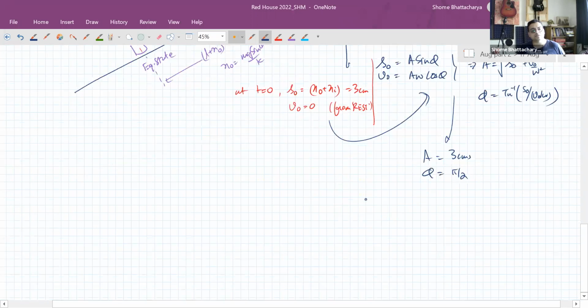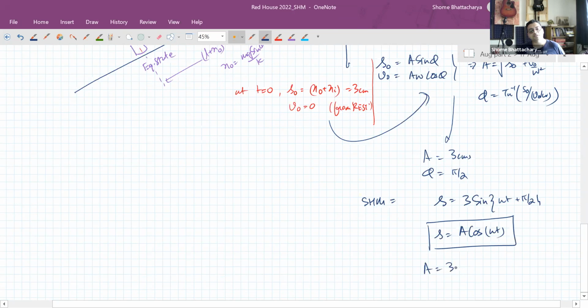So my SHM equation is becoming like this: S is equal to 3 sin(omega t plus pi by 2), or S is equal to 3 cos omega t, where the amplitude is 3 centimeters and omega is 10 root 2 radians per second, or the time period is... so this is my equation of SHM.